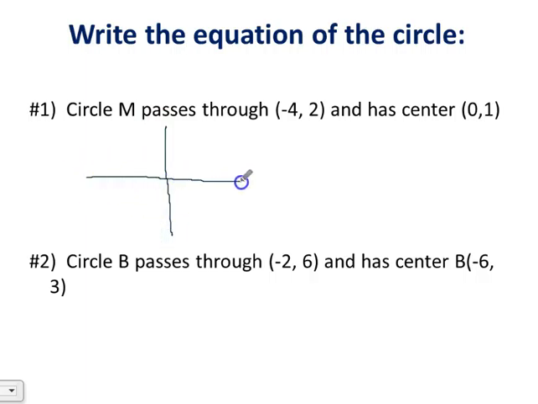So here's our coordinate plane. I'm going to go ahead and plot the center first. It's at 0, 1 is our center. So 0, 1 is right there. And it passes through point -4, 2.